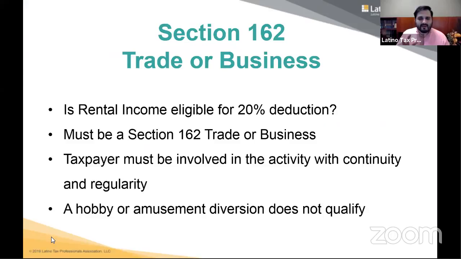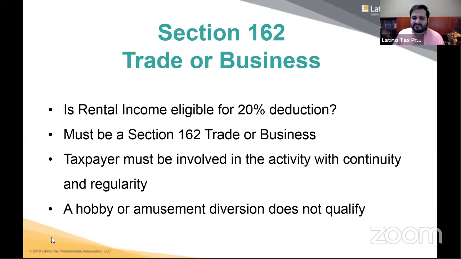So a business must first rise to the level of a Section 162 trade or business before it is capable of producing income eligible for the 20% deduction. In the Grotzinger case, the Supreme Court stated that to rise to that level of a Section 162 trade or business, the taxpayer must be involved in the activity with continuity and regularity.